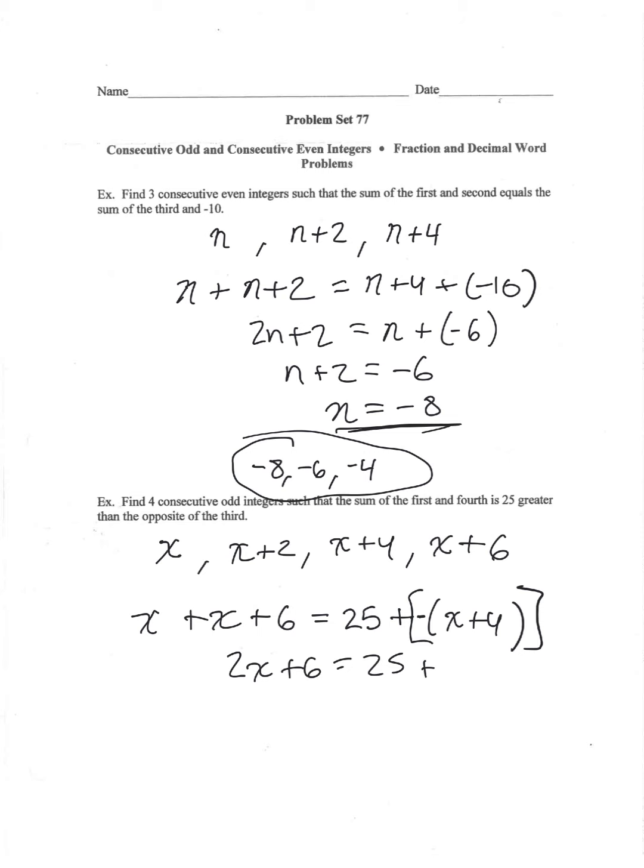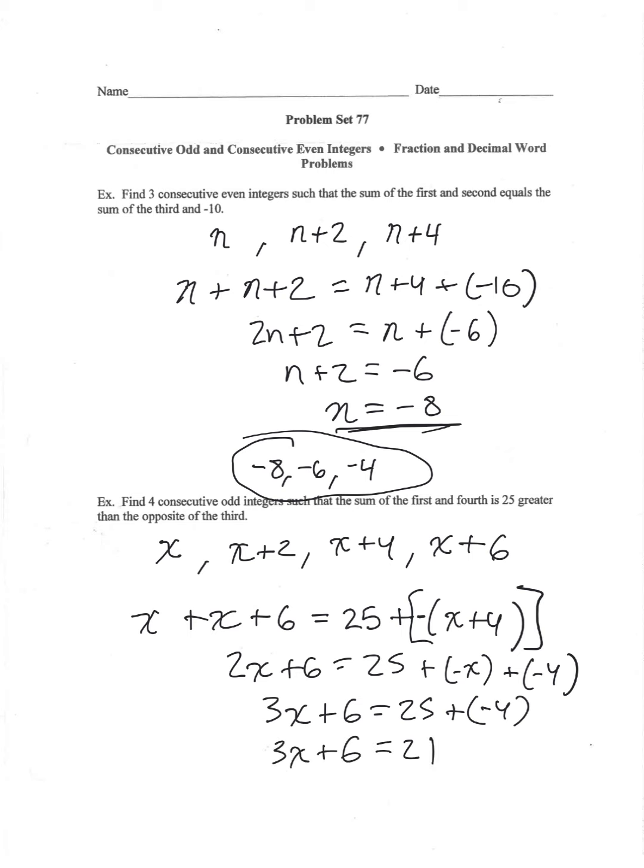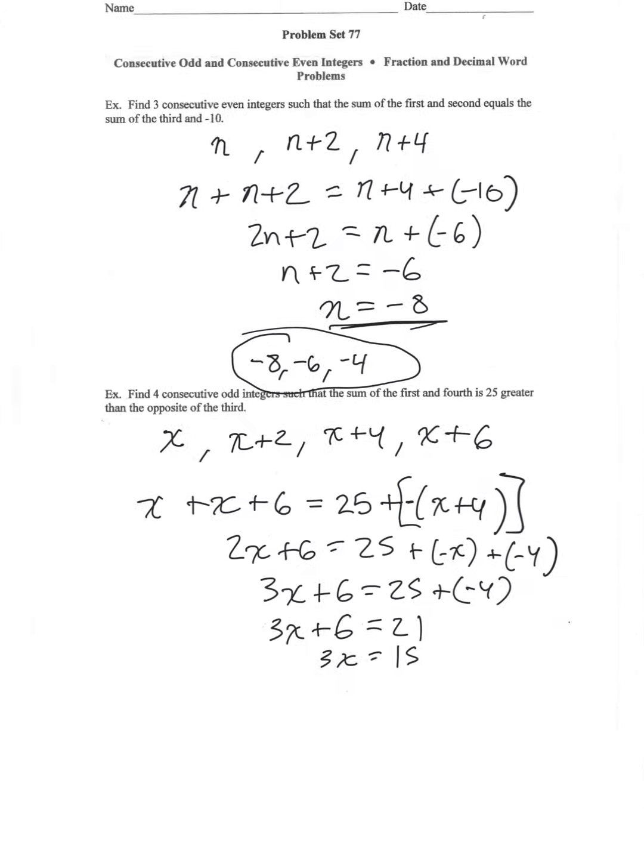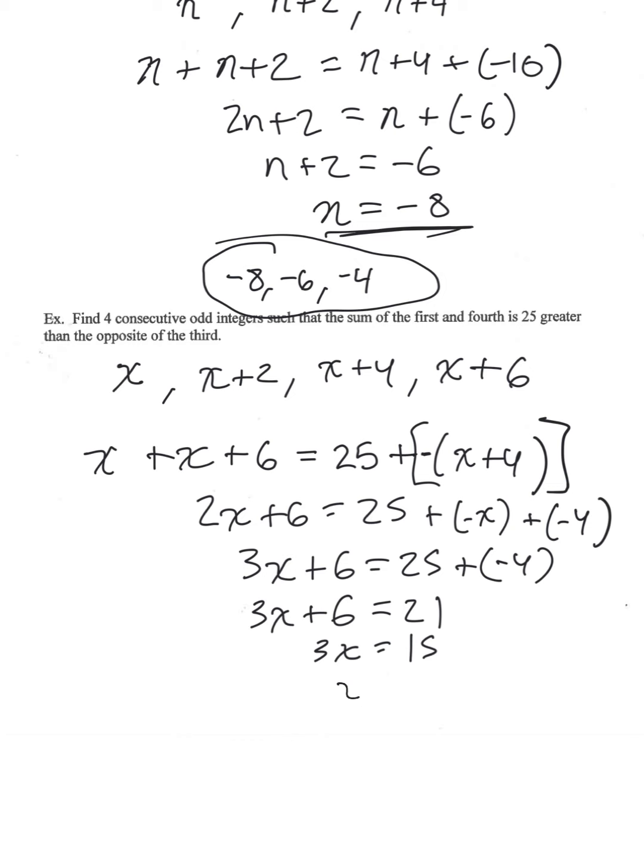I'm going to distribute that negative 1, so I have a negative x and a negative 4. Add x to each side. Okay, so we got x equals 5.